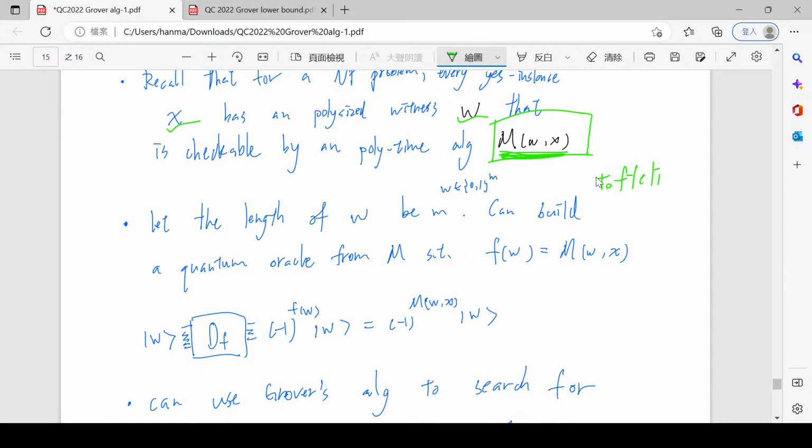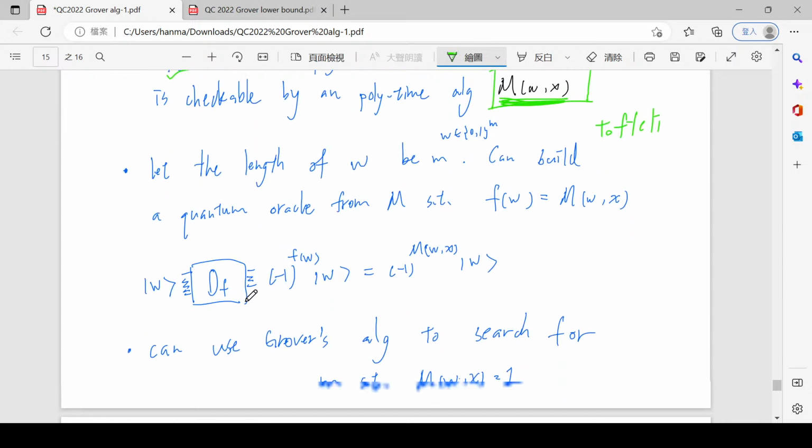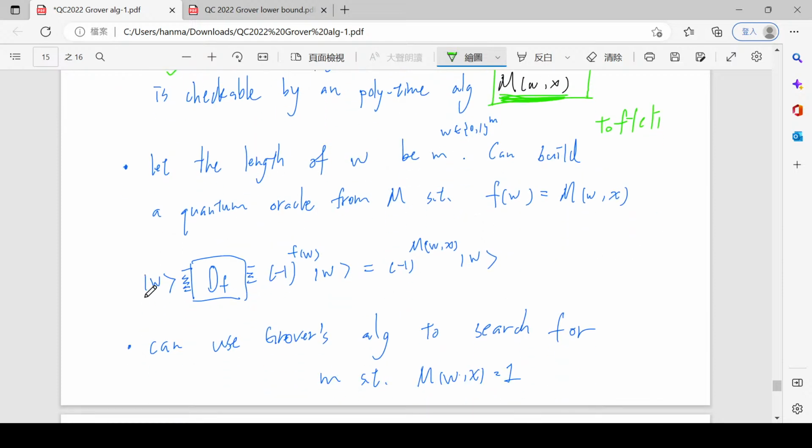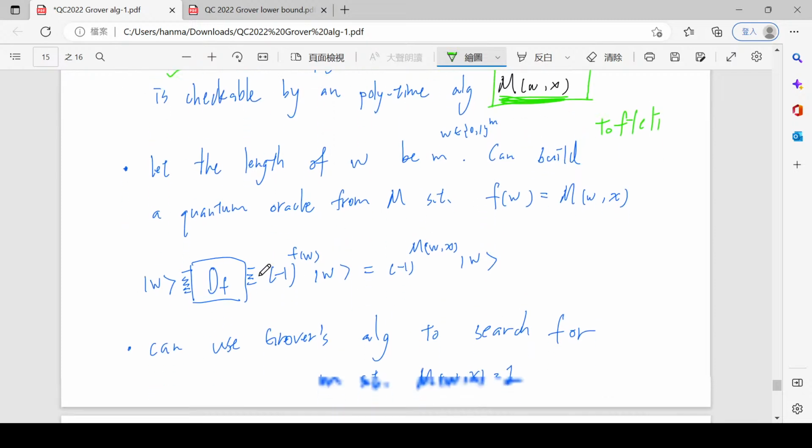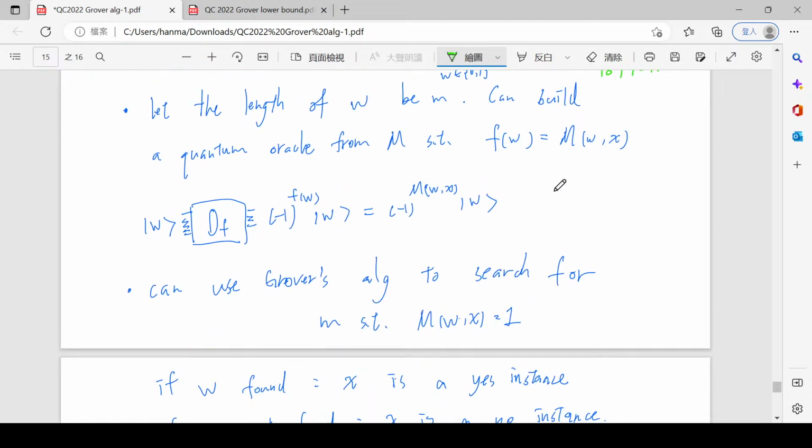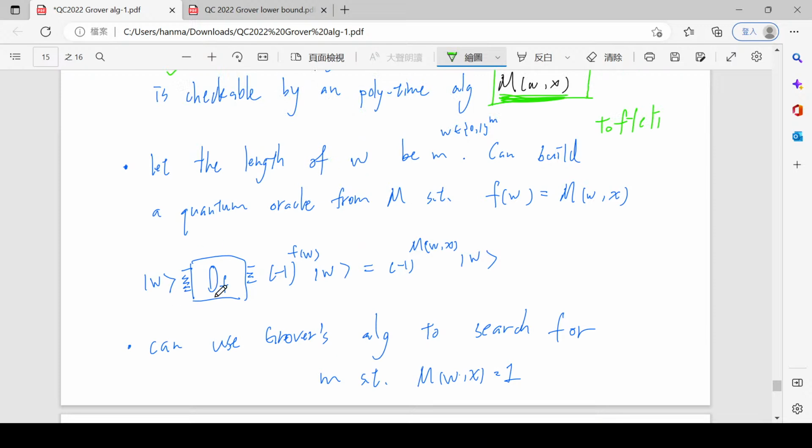So you can turn every classical circuit into a quantum circuit, in particular this checking algorithm, big M. And if you build that into a quantum circuit, then you can also do a phase kickback to make it a phase version, right?